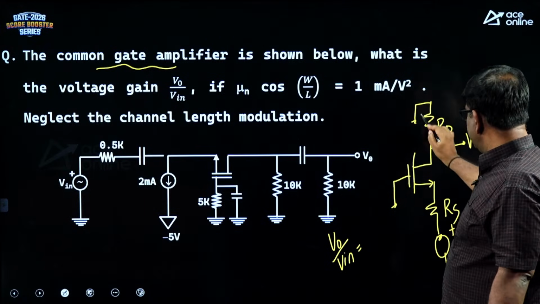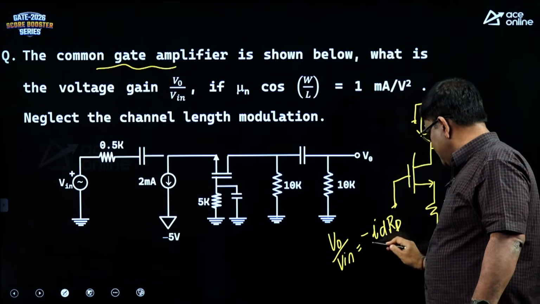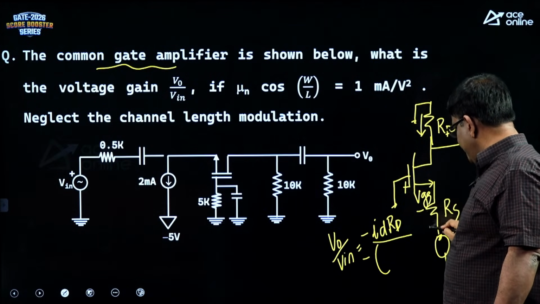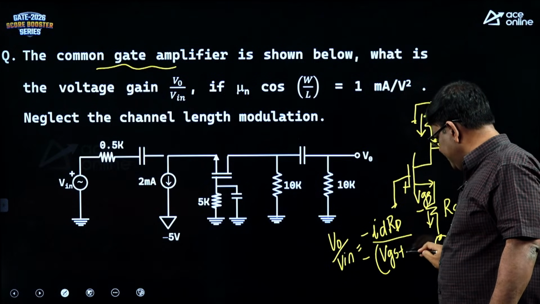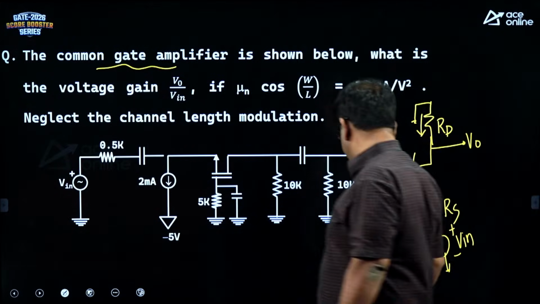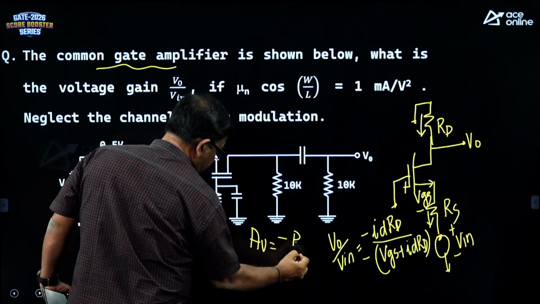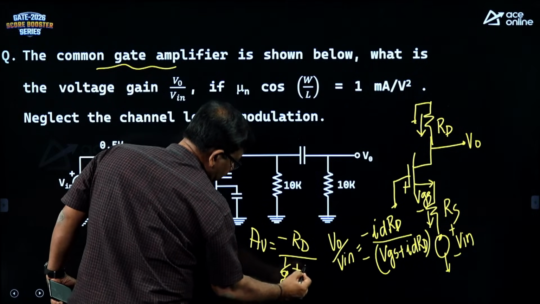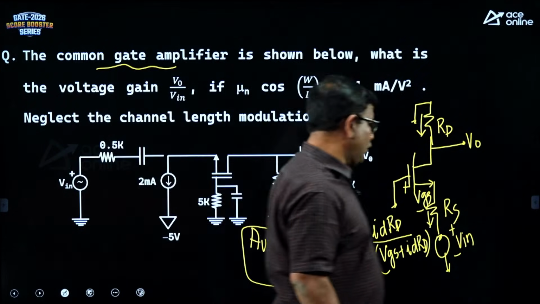So, what is V0? If this is ID, it is minus IDRD by what is Vin? It is minus VGS plus IDRD. Divide numerator and denominator by ID. So, you will get the voltage gain as minus RD by VGS by ID, which is 1 by GM plus RS. So, please substitute this, you will get the solution of the common gate amplifier.